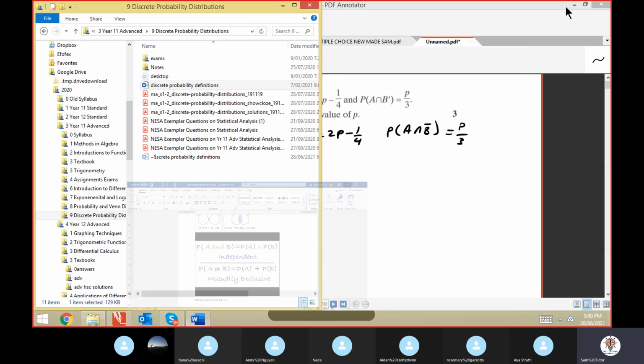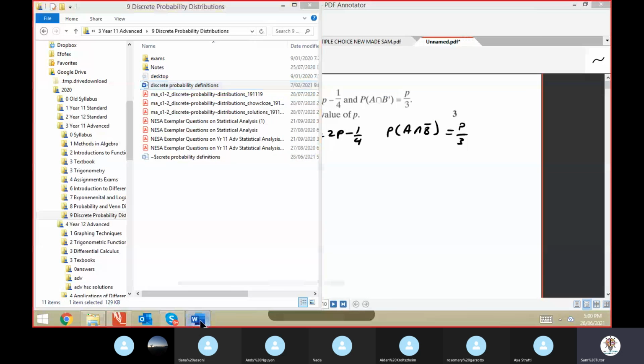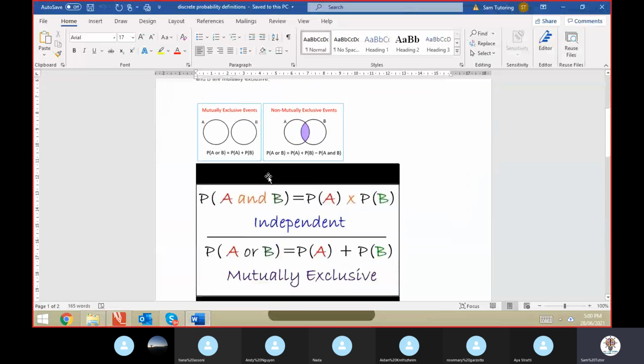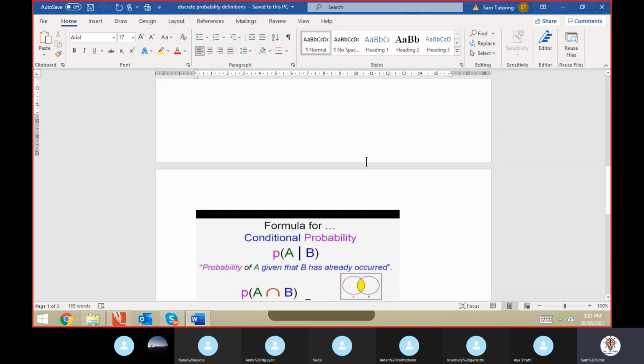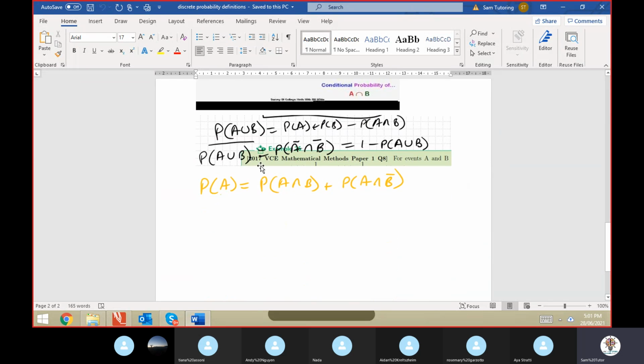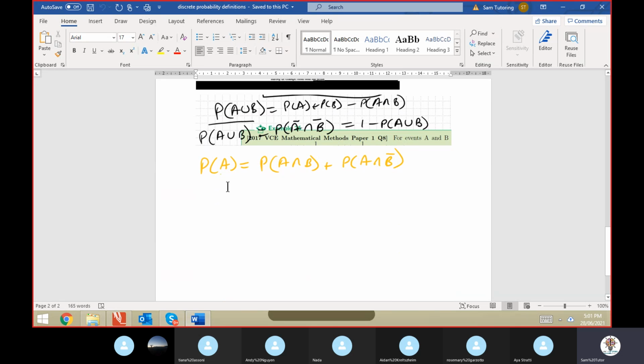So probability of A and B equals probability of A times probability of B. The ones that are helpful as well, maybe that one there: probability of A equals probability of A and B plus probability of A and not B. Those ones are always helpful.